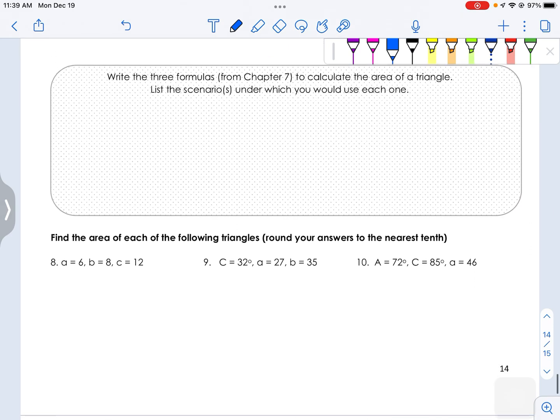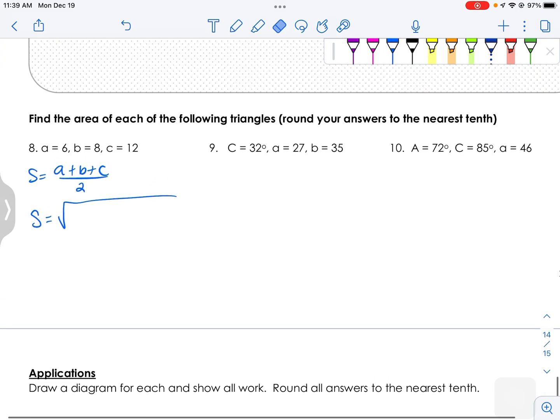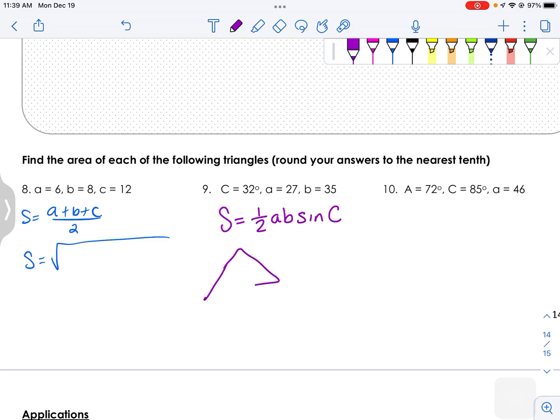Okay. So the area formulas. If you're given three sides, find the semi-perimeter, and then use that one with the square root. If you're given a side, angle, and a side, then use that first formula, the formula that goes like 1/2 AB sine of C. So if we draw this out, B is 35, A is 27, and then side C was 32.